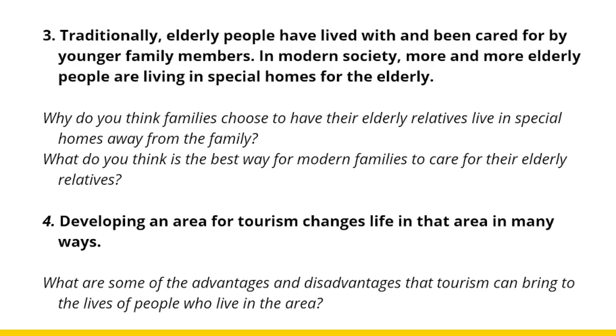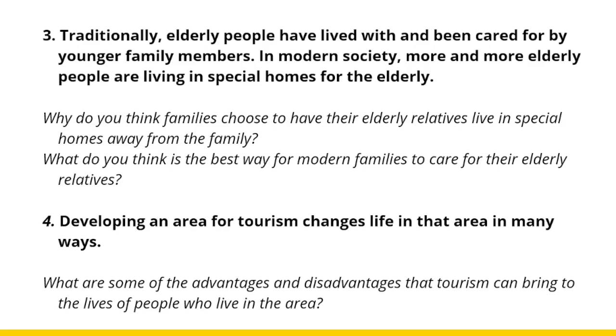So in this case, do you see, you have a topic. The topic explains that developing an area for tourism changes the life of people, right? But what they're asking you is to discuss 2 points, right? Advantages and disadvantages. So your body paragraphs have to be about advantages and disadvantages of tourism and how it impacts people's life.